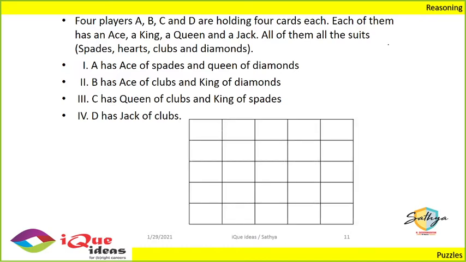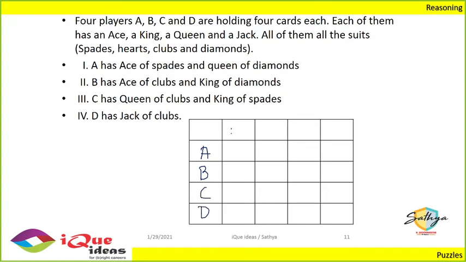It's a very interesting puzzle, and for those of you who play Sudoku, you might have recognized that using a technique of Sudoku actually makes it very easy to solve it. What is given? It is given that there are four players A, B, C, and D, and they're holding four cards, right?